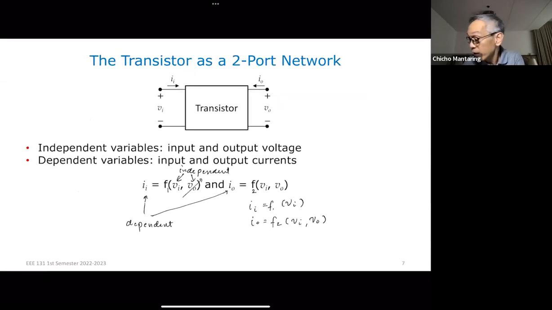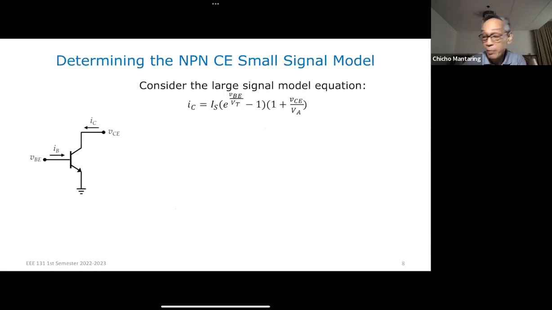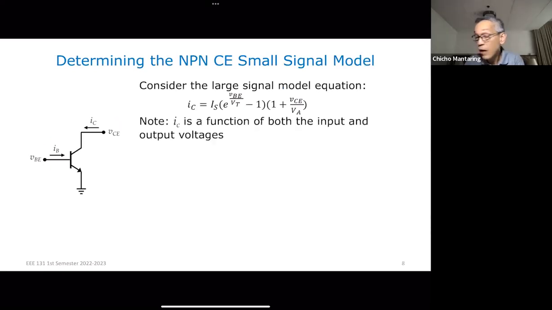Okay, so we're already close to this, no? The output being a function of, okay, this is my output current, IO here, which is IC, and then this is my input VBE, and my output is VCE, no? Based on this. So I sub C is a function of both the input and the output voltages.